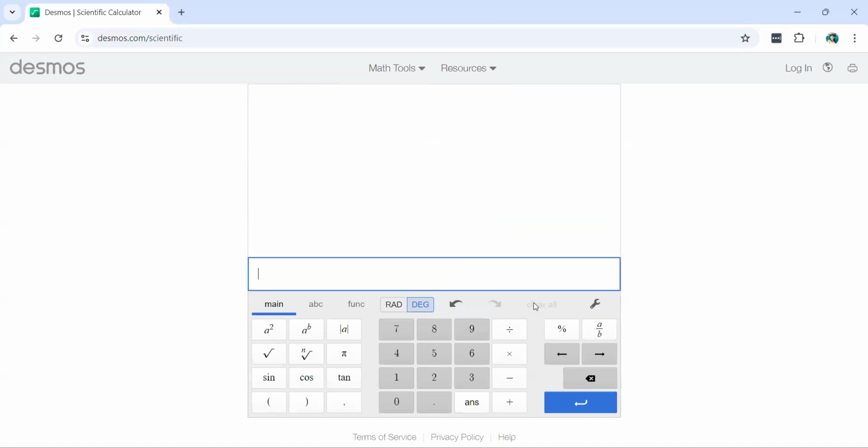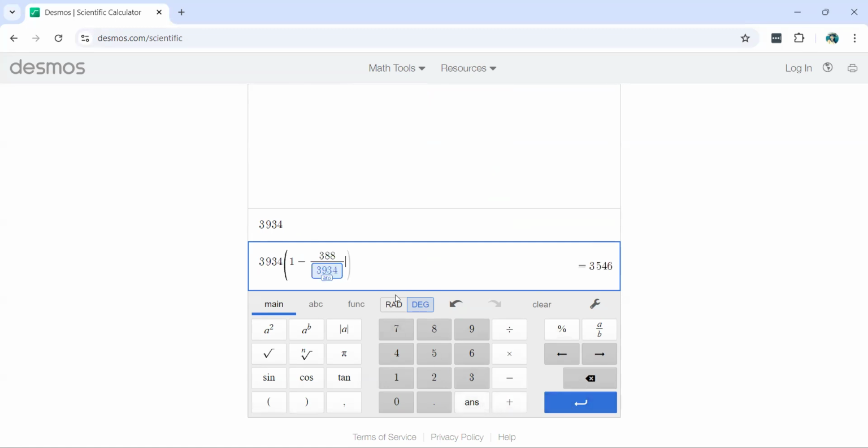Let's restart with the 3934 initialization. So that's 3934 multiplied by 1 minus 388 divided by Ans minus 26,000 divided by Ans squared.